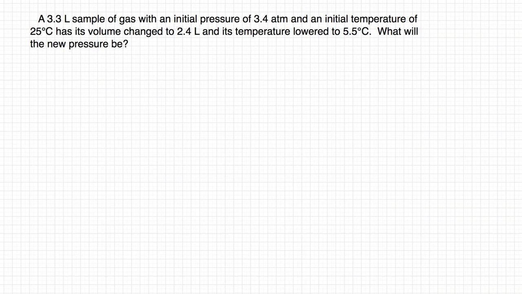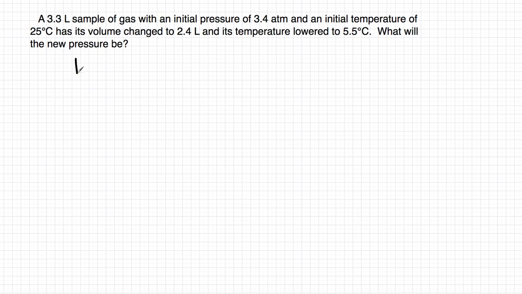Okay, here we are again, and this is a more complicated problem. In fact, this is probably as complicated as I can make these kinds of problems. And we've got changing conditions. So again, this is a case for the combined gas law equation.